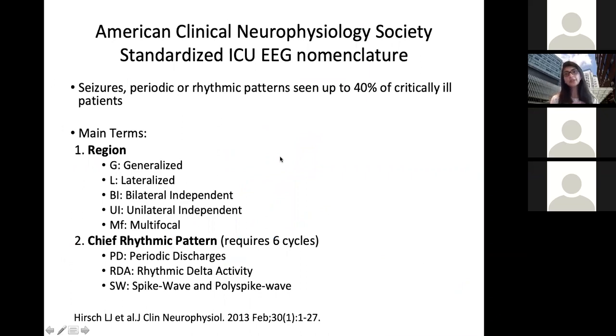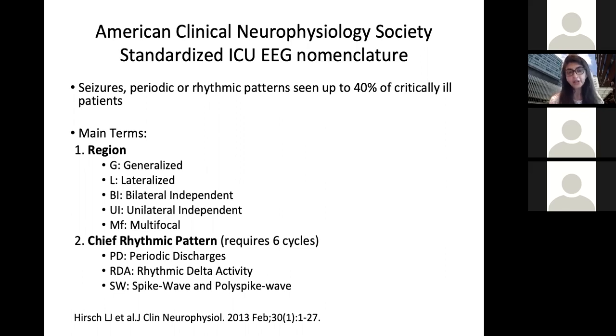And of course, with increasing EEG utilization comes an increased awareness of the prevalence of seizures and other periodic and rhythmic patterns in critically ill patients. These can be seen in up to half of ICU patients who are comatose or have altered mental status.